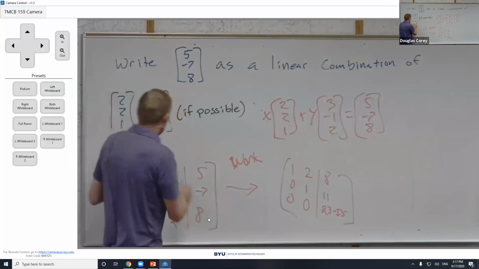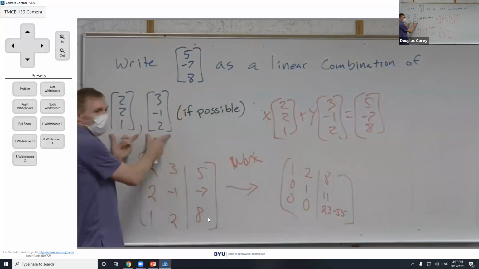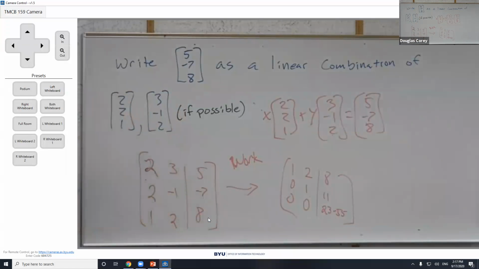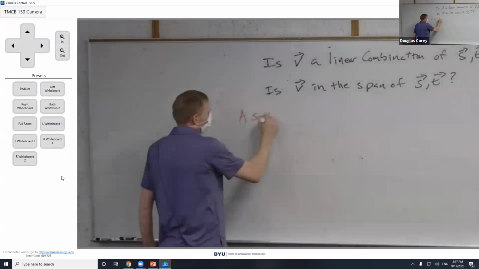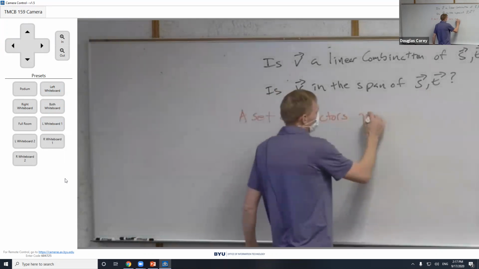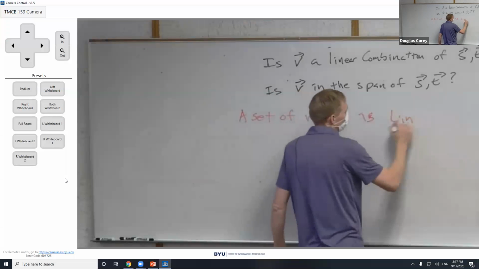So are these linearly independent? I haven't given you a definition yet, so let's talk about that. I've talked about an idea of it, but a set of vectors is linearly independent.